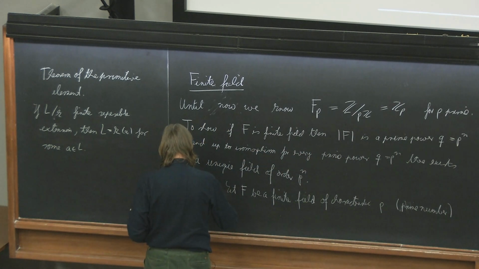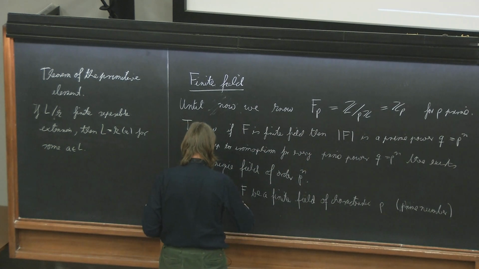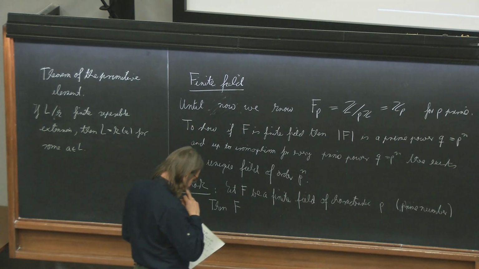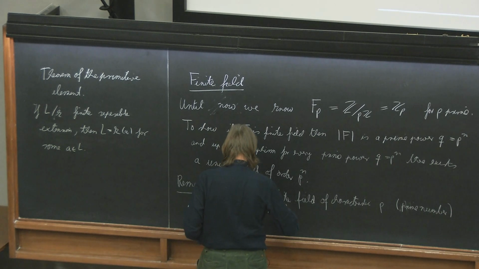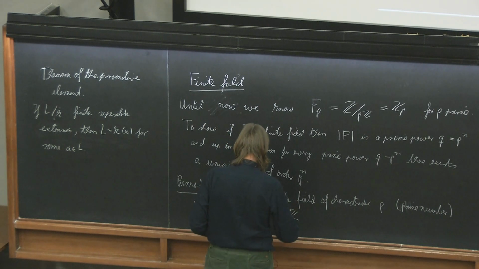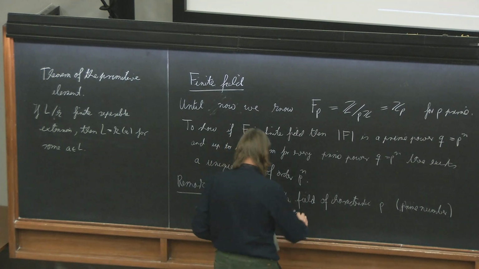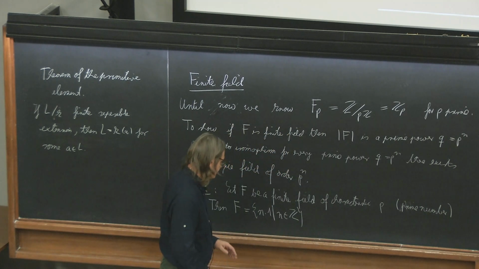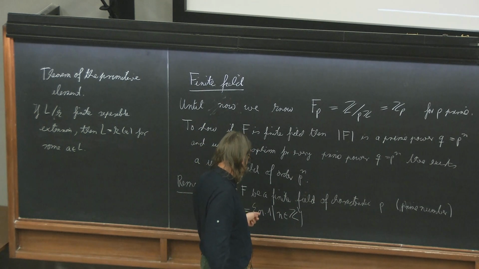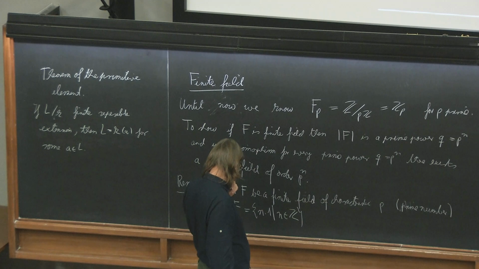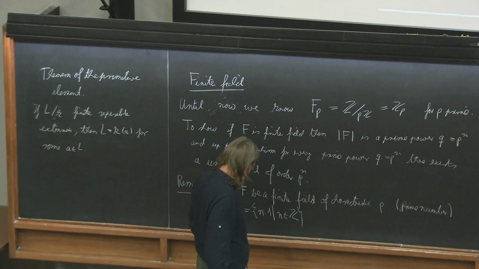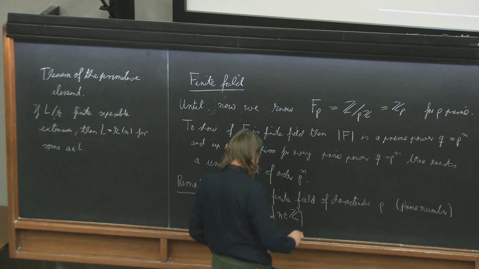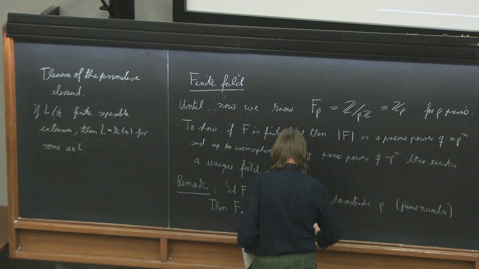Then F contains the following subset: the set of all n times 1 with n in Z, in the field. So all the multiples of 1. If I take p times 1, this gives 0, and every time before it gives something different. We can easily see from this that this is isomorphic to F_p.